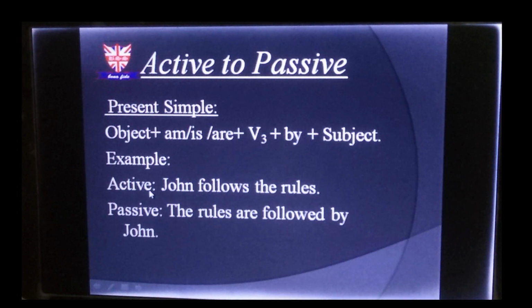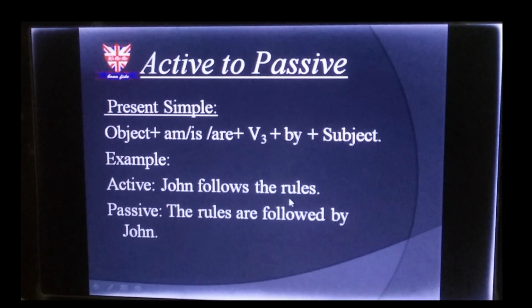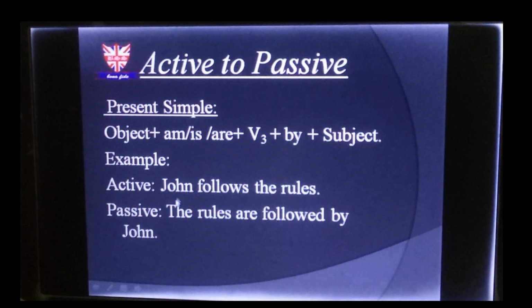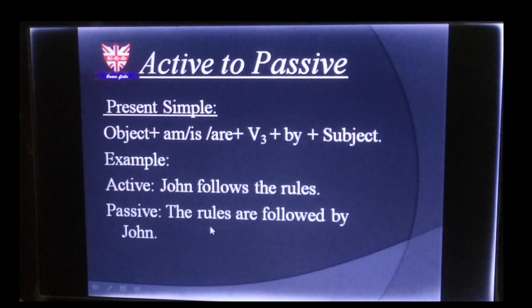For example, active: John follows the rules. In passive, we write: the rules are followed by John. Here, my subject has become my object, and my object, the rules, has become the subject. Okay?